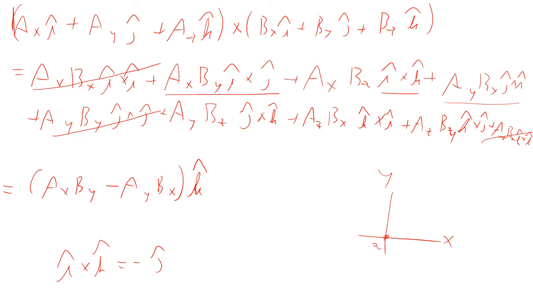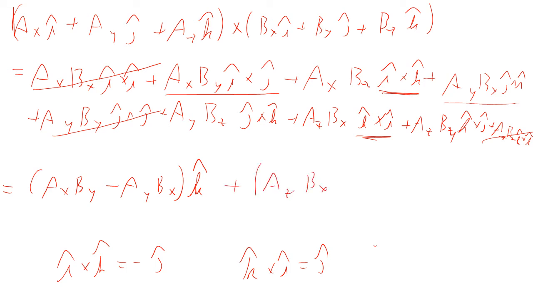So I cross K is minus J, and K cross I is J. That means we have AZ BX minus AX BZ, in the J direction.